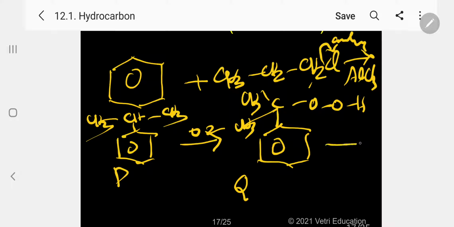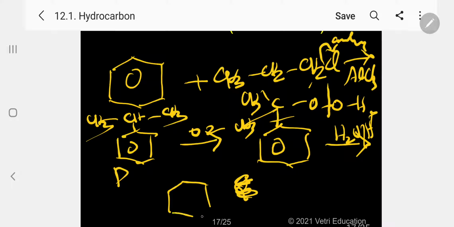And further, we are hydrolyzing. Since this is only an intermediate, I will come back to it. On hydrolysis, we are getting two products. The bond undergoes cleavage and produces the corresponding phenol.